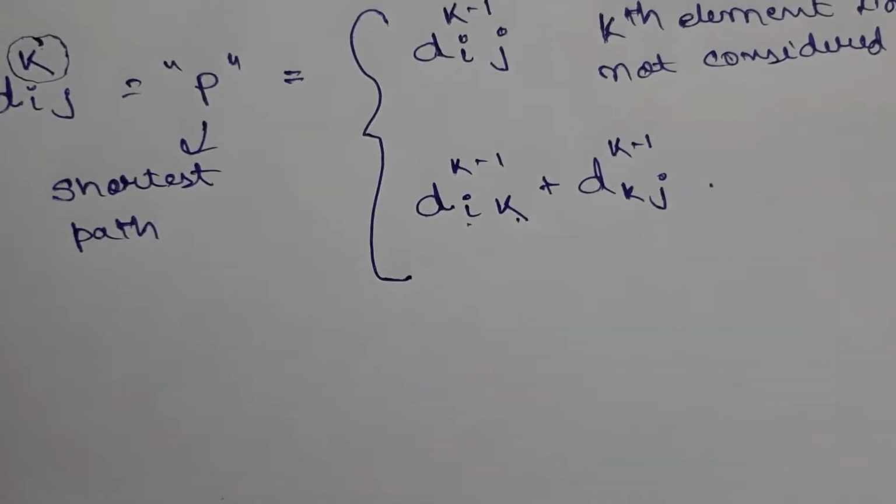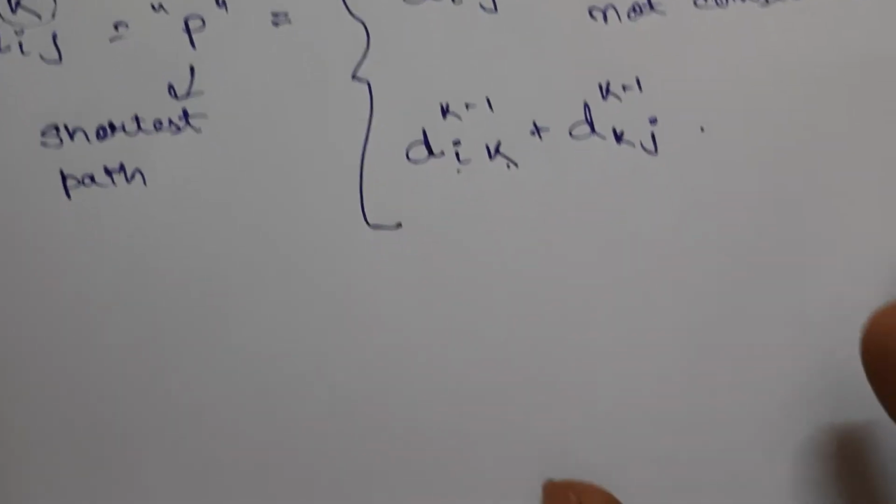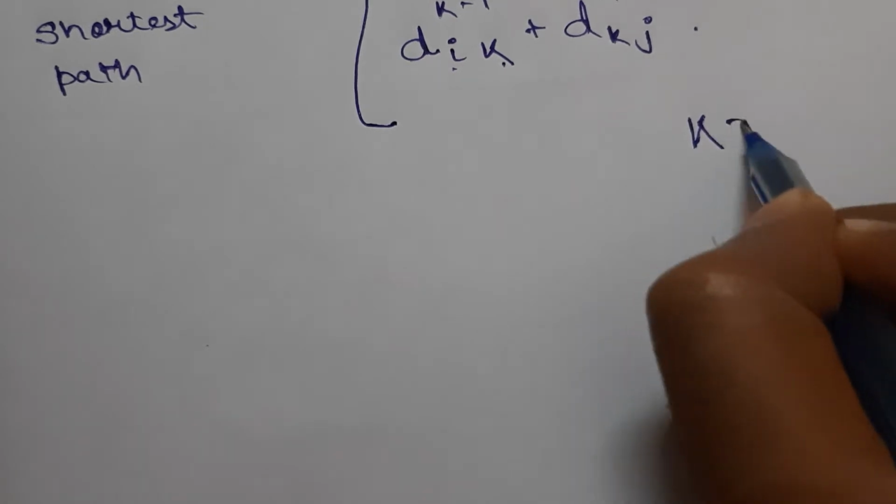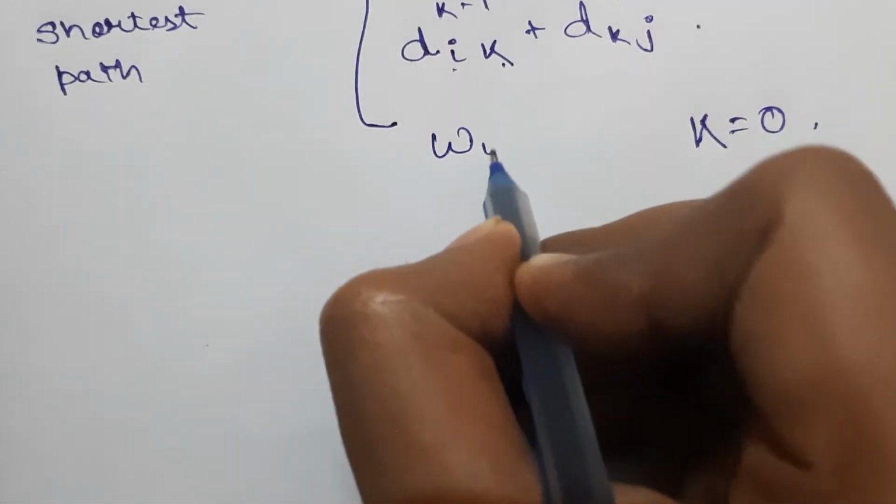Now, as we know, in any recursive algorithm we need a base condition or exit condition, because if we don't get the exit condition, the recursion will go on infinitely and give us the wrong result. So what is the base condition in this case? When k is equal to 0, it gives w of ij.